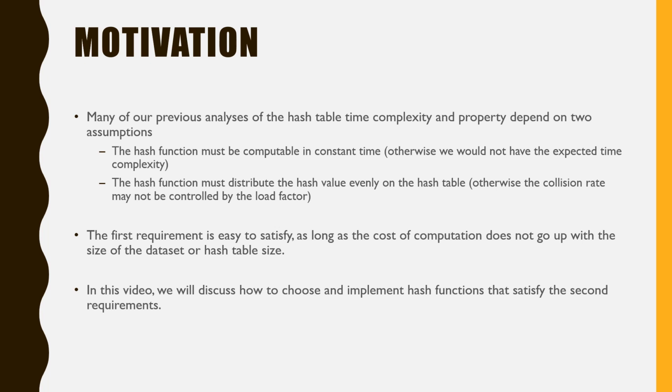Second, the hash function should distribute data elements across the entire hash table evenly. The first property is relatively easy to satisfy, where we just need to make sure that the number of computing steps does not go up with the number of data elements. The second condition would need a little bit more consideration.